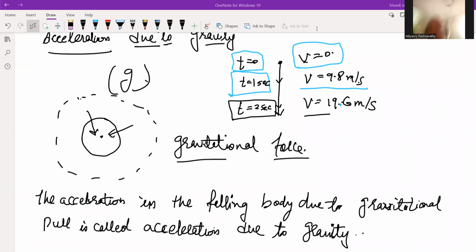Yes, sir, it's visible. Prithvi, is it now? No, not yet. So maybe he is facing some internet issue. Prithvi, you can join through another device. Okay.